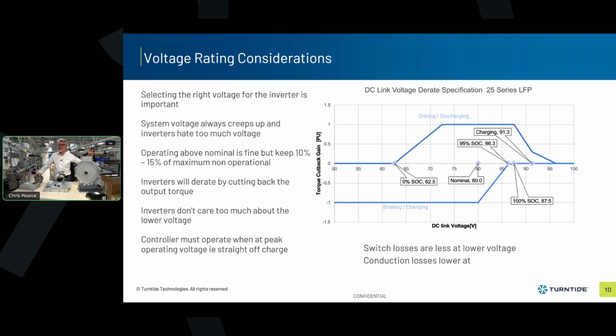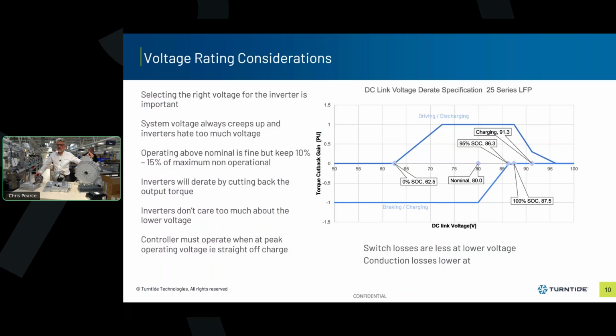It gives us an 80 volt nominal battery, but when that comes off charge, it's going to be at 91.3 volts. So it's important that the vehicle can drive straight away. And at 100% SOC, we want to make sure that the product is capable of delivering full torque.